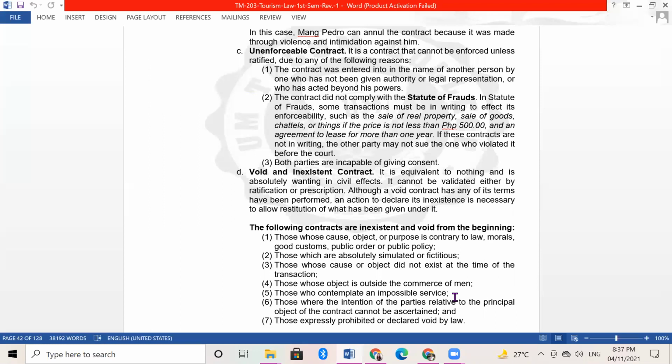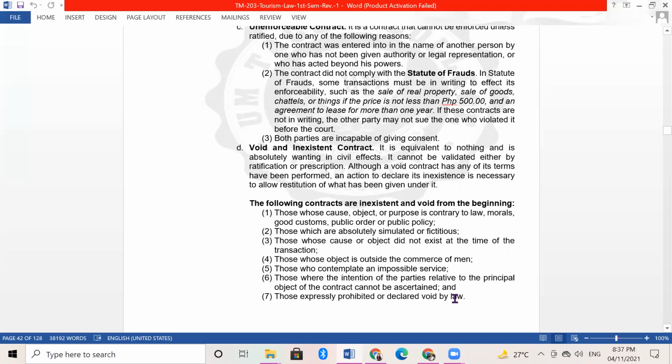Some contracts must be in writing to be enforceable, such as sales of property, sales of goods or things if the price is not less than 500 pesos, and an agreement to lease for more than 1 year. So if the contracts are not in writing, the other party may not sue the one who violated it before the court. Third, both parties are incapable of giving consent.